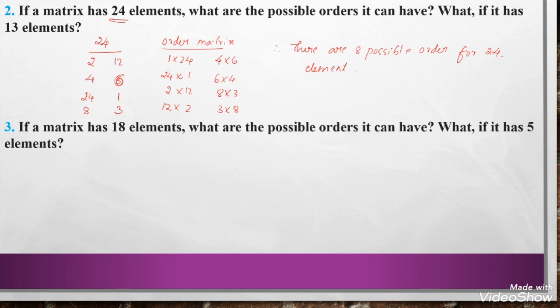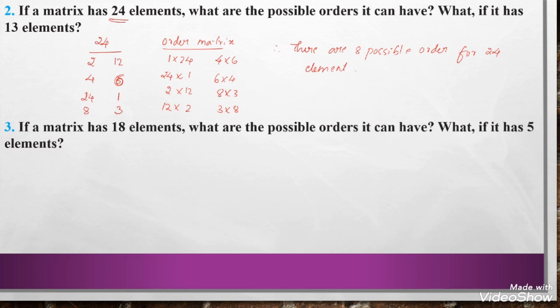While taking a composite number, we take its factors, and based on the factorization we write the order of a matrix. Here there are 8 possible orders for 24 elements.